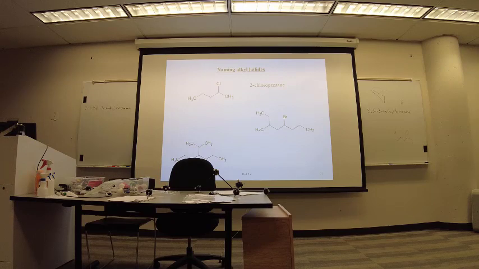Whew, look at this thing. It's like a maze. I would write it and then start numbering to make sure I'm confident where the chains are, like the longest chain.